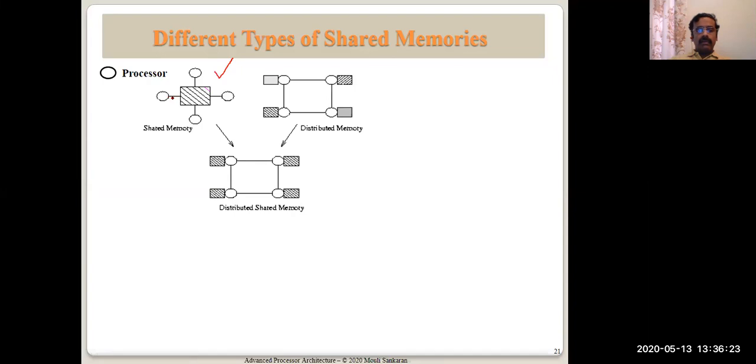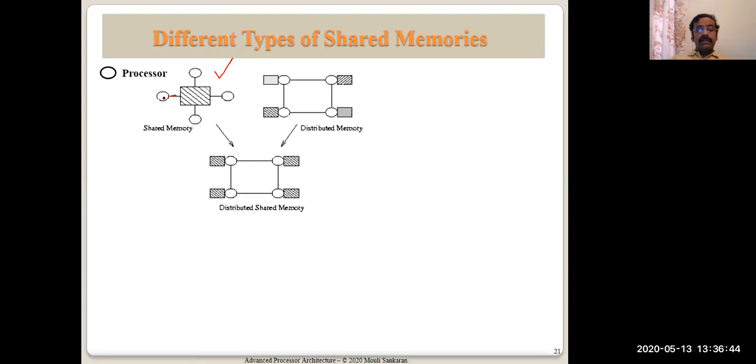They are all physically connected through the same bus. Because they are directly connected, it's also called a tightly coupled system, tightly coupled with the memory.